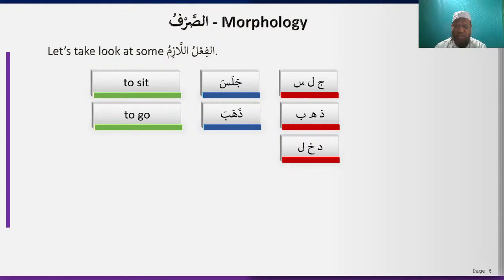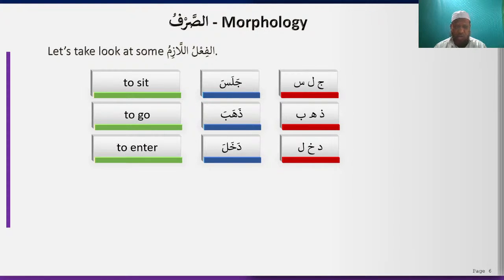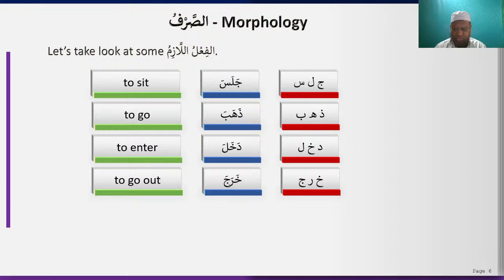Next, دال خاء لام, دخل, to enter. This دخل can sometimes be used as المتعدي as well. Then خرج, to go out.